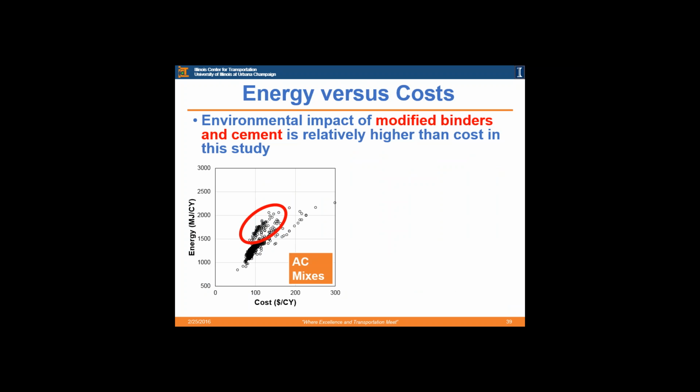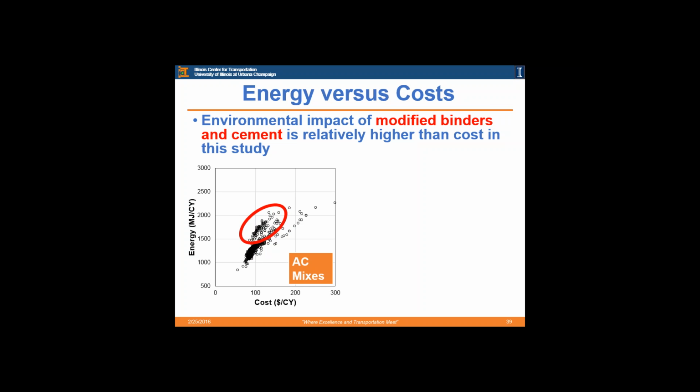So next we'll move on to looking at the cost in addition to the environmental impacts together. Here we have the asphalt concrete mixes, and we have the cost on the bottom, dollars per cubic yard, and we have the energy. Something interesting that we noticed was that there was a little separated area there, and that reflects the modified binders.